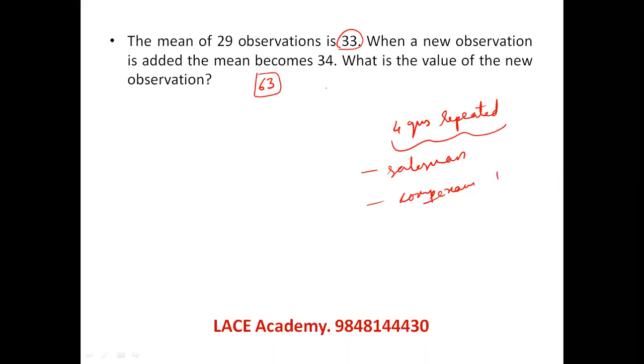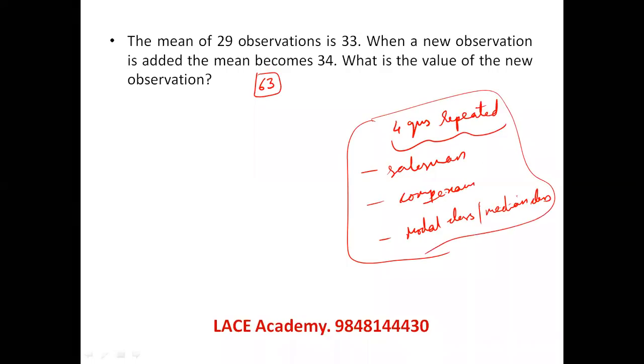And a question about median class and modal class is also repeated with exact values. So these 4 questions are repeated as they are with the same numbers in this examination. So I'm not going to take these questions again because they are already explained in my previous videos.